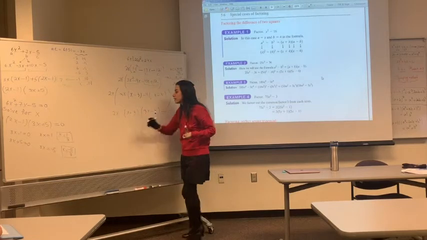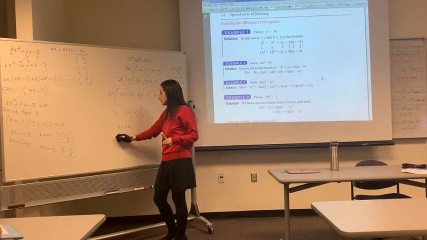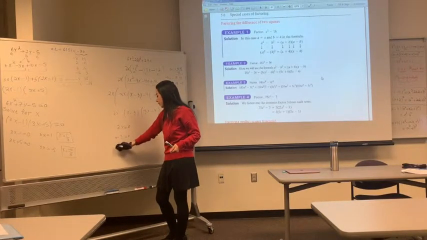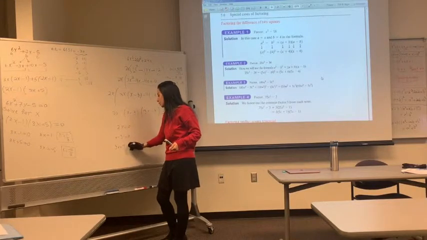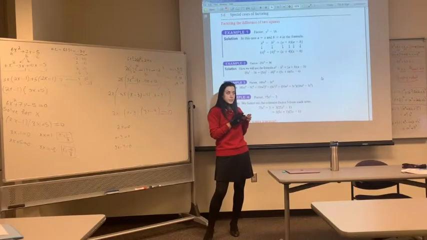So we will say, okay, 2x equals 0. We should solve this. X minus 3 equals 0. We should solve this. What else? 3x minus 4 equals 0. We should solve this. Okay?